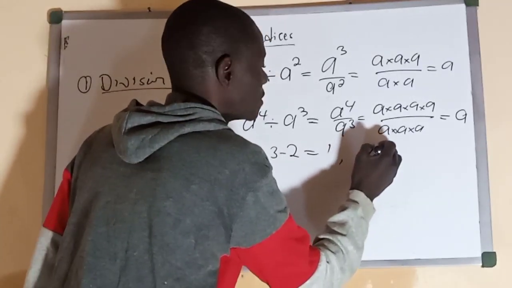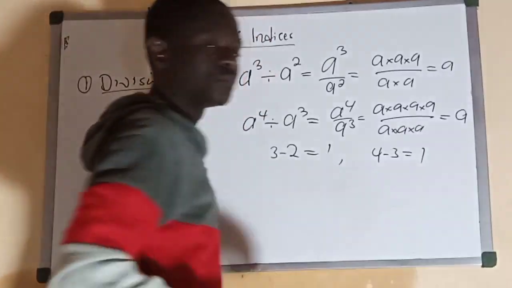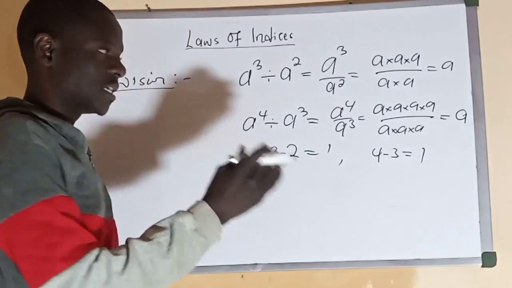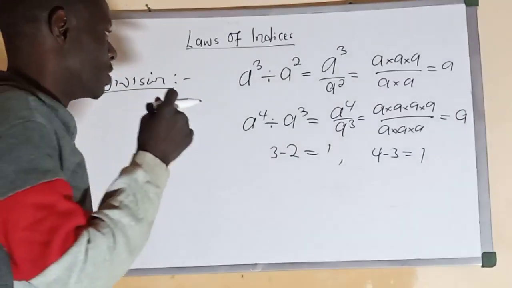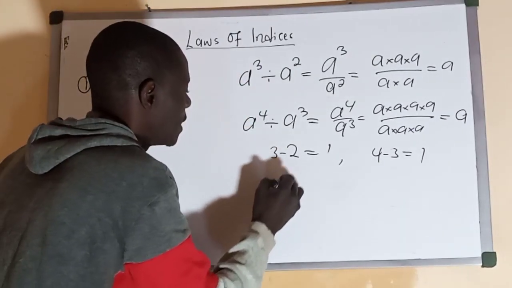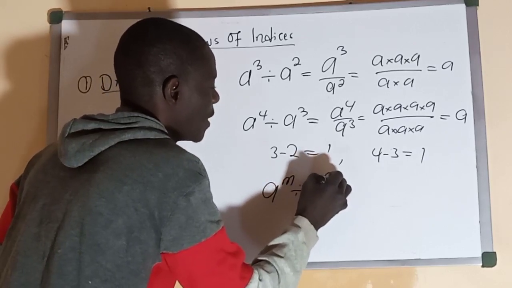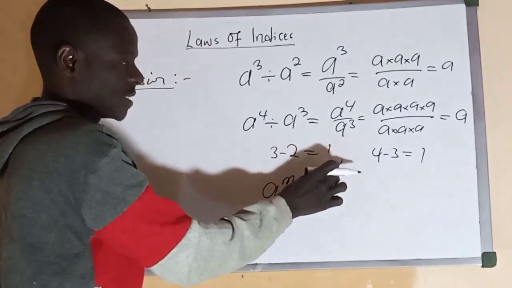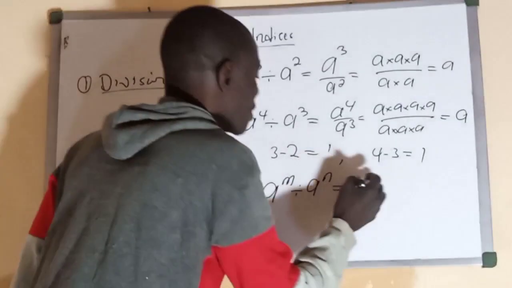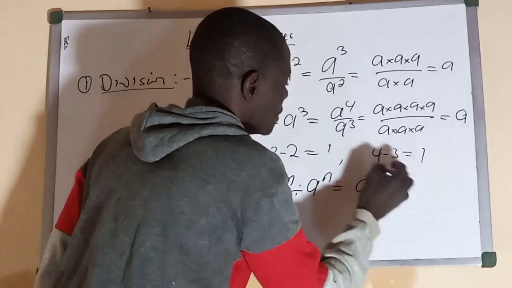If we subtract 3 from this 4, we are going to have 1. So there is a relation between the powers. If that is the case, whenever you have a power m divided by a raised to the power of n, you just subtract this one from this one. So you are going to have a raised to the power of m minus n. This is the division law.